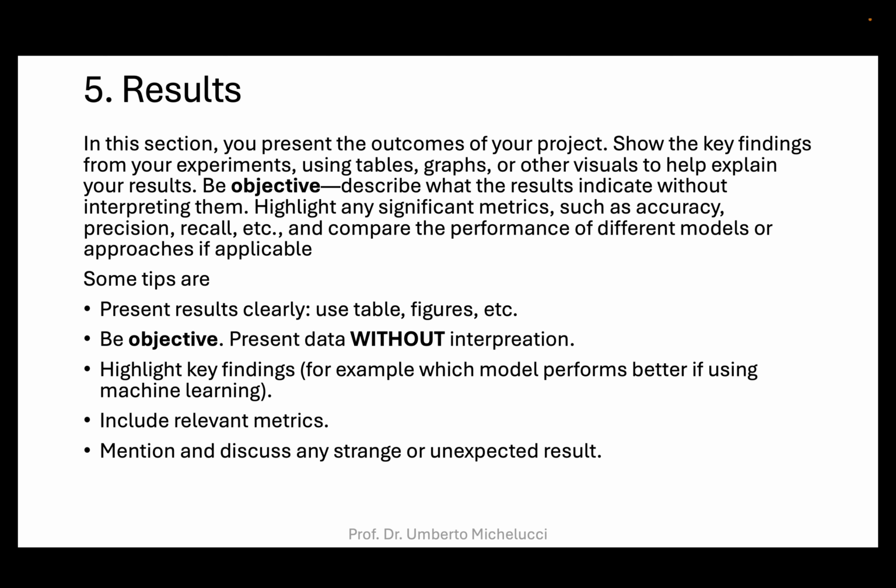Maybe the model is not the right one for the specific data that you're using, or maybe the statistical test you're using is not the right one. But you should always explain why something is not working. Maybe for a specific animal species in our example, your model is not working because the species is too small in the image, and your model has seen only images with large animals. So that's actually very important.